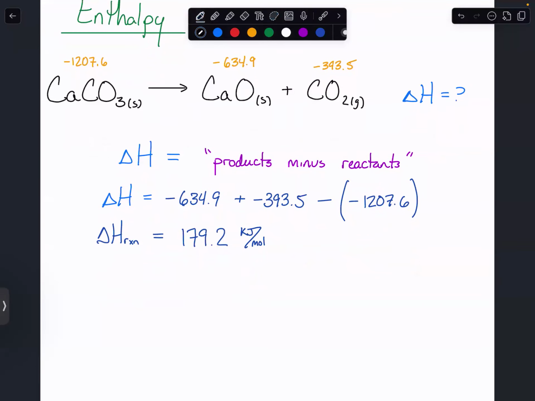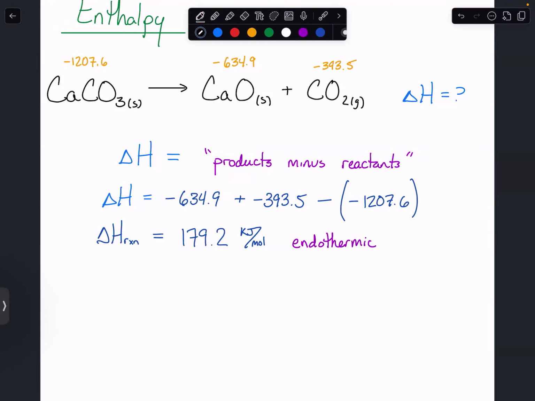Cool. All right. So what can we do with these enthalpy values that we have here? So first of all, we can say that this reaction is what? Exothermic or endothermic? Endothermic. It's got a positive delta H value. So that calcium carbonate will absorb thermal energy in order to decompose. All right.